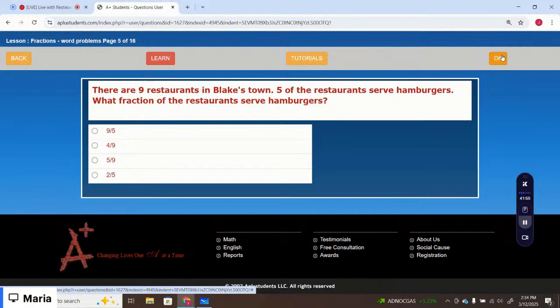There are 9 restaurants in Blakestown. 5 of the restaurants serve hamburgers. What fraction of the restaurants serve hamburgers?